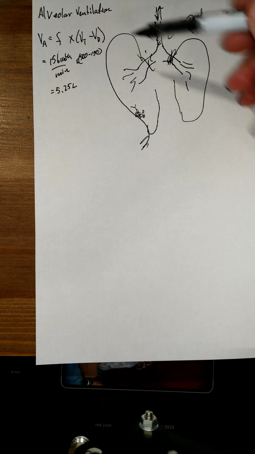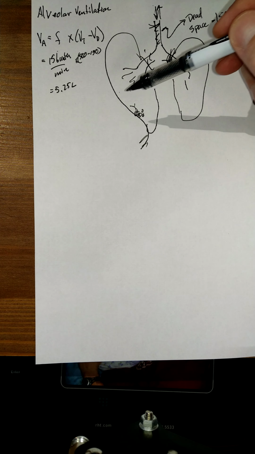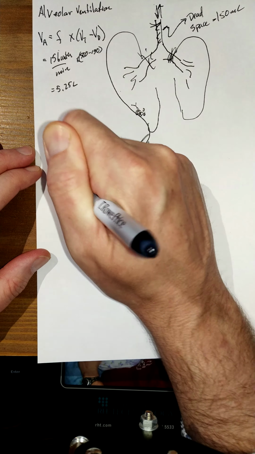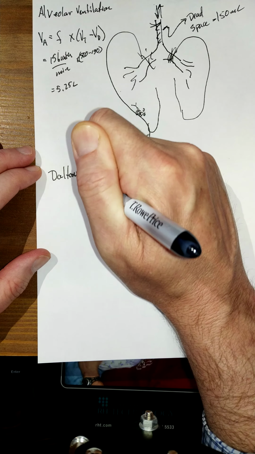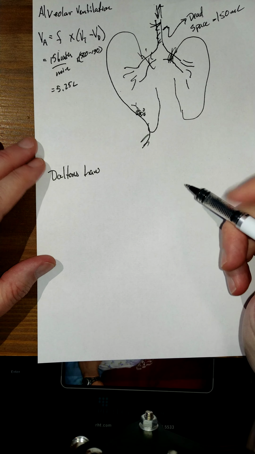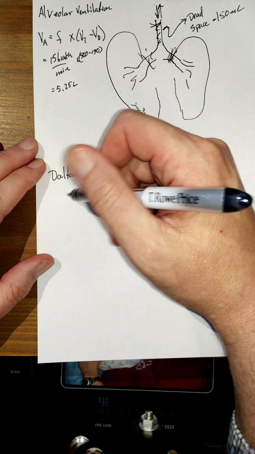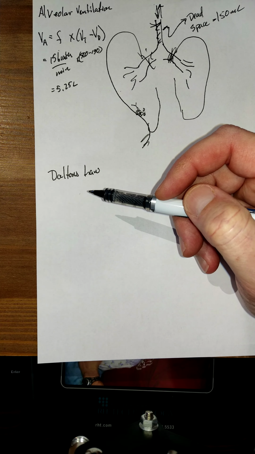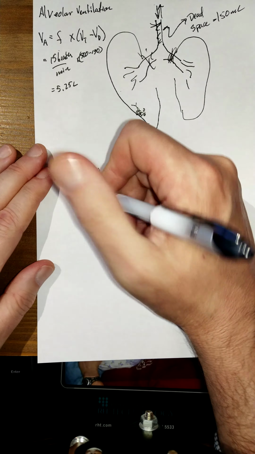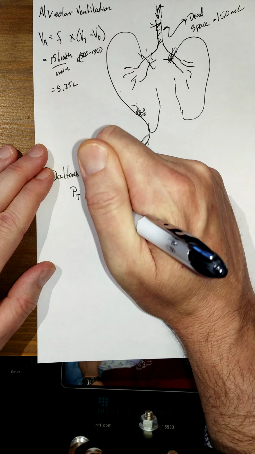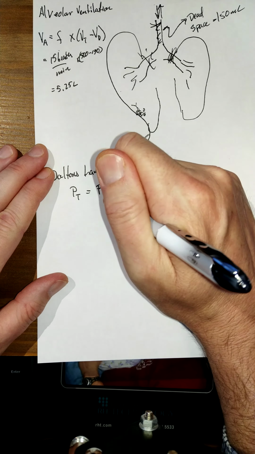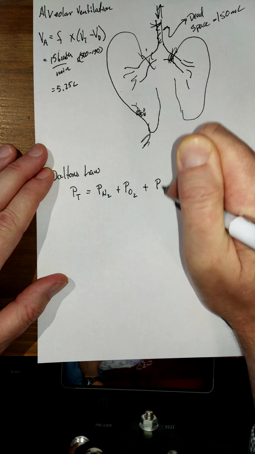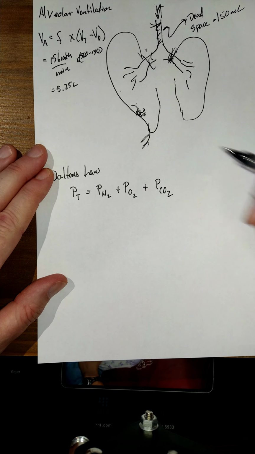Now that we've talked about how the gas actually gets into the lungs to the alveolar, now we need to understand a little bit about Dalton's law. Dalton's law essentially tells us that our partial pressures, the pressures of all our gases that we are breathing in, can be summed. So total pressure equals, in our case, pressure of nitrogen plus the pressure of O2 plus the pressure of CO2.